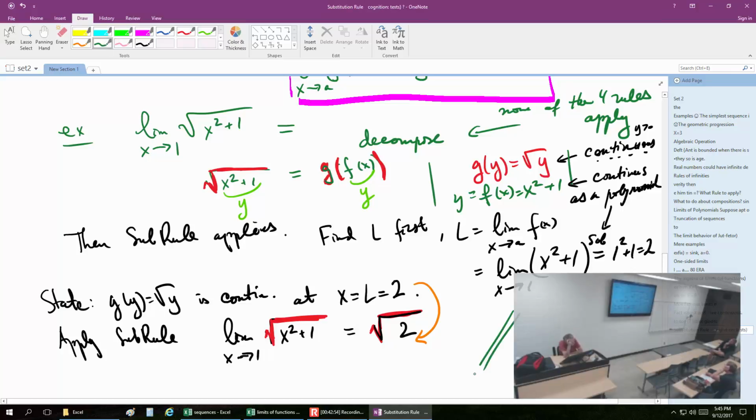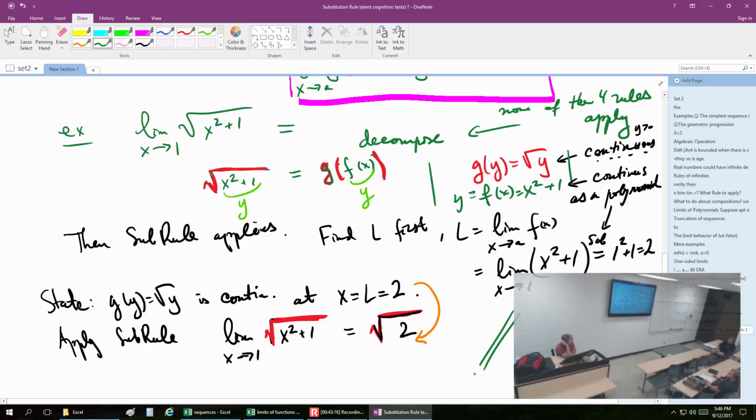So that's just an example of application of the substitution rule. It looks longer than it actually deserves, because at the end, the whole function is continuous, and all in between the beginning and the end is just justification. Justification why we're allowed to do what we do.